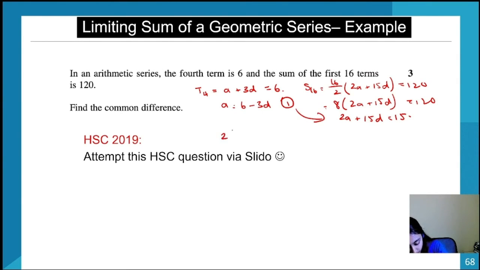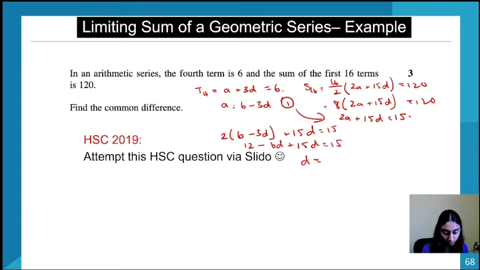So 6 minus 3D plus 15D is equal to 15. 12 minus 6D plus 15D is equal to 15. D is equal to 15 minus 12 divided by 9, which is 3 on 9.